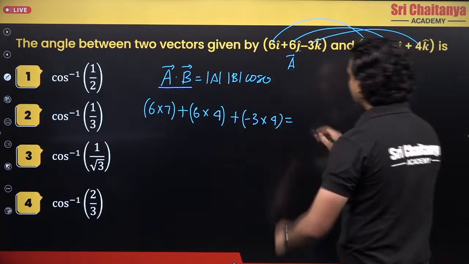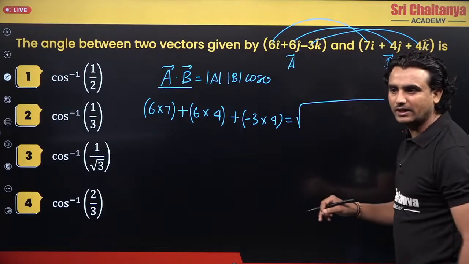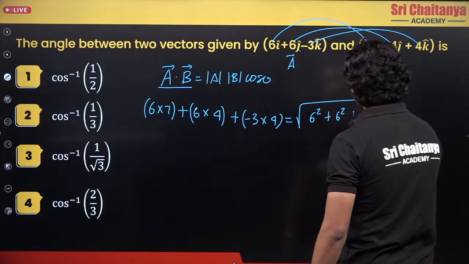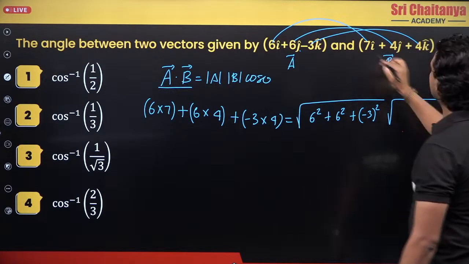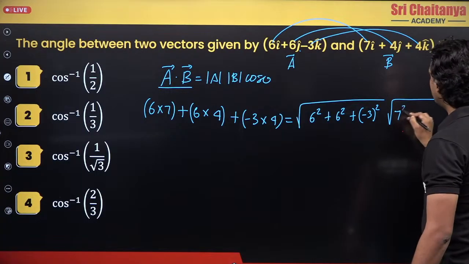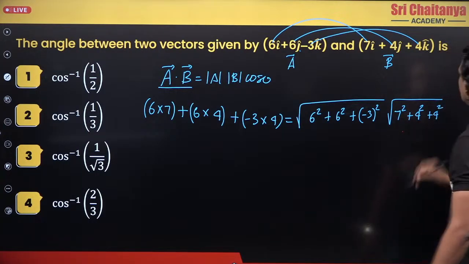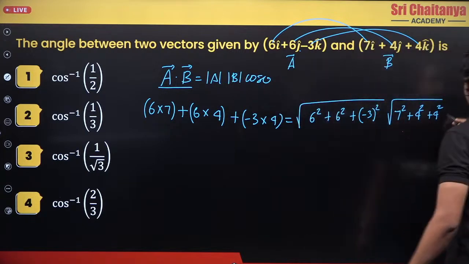The modulus of A is under root A square plus B square plus C square. So this will give me 6 square plus 6 square plus minus 3 square, under root. Into the second one, 7 square plus 4 square plus 4 square. So this is mod A, this is mod B, into cos theta.